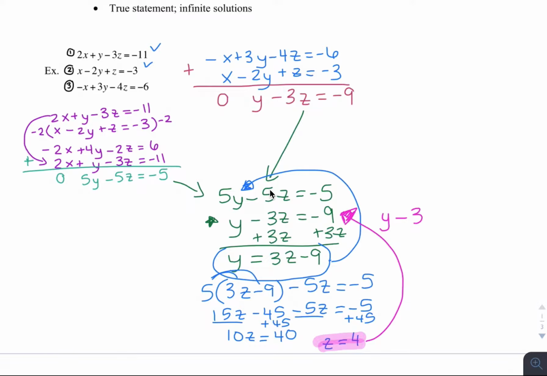So y minus 3 times our z, which is now a 4, equals negative 9. Y minus 12 equals negative 9. Add the 12, so y equals 3. So I now have z is 4, y is 3. So we've solved this system of 2 how we normally would.